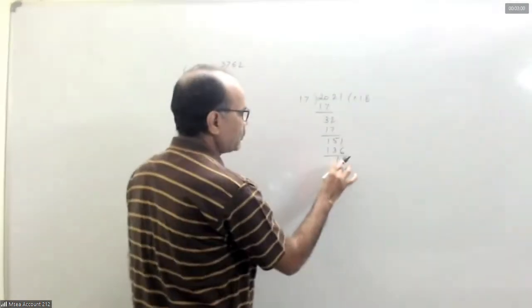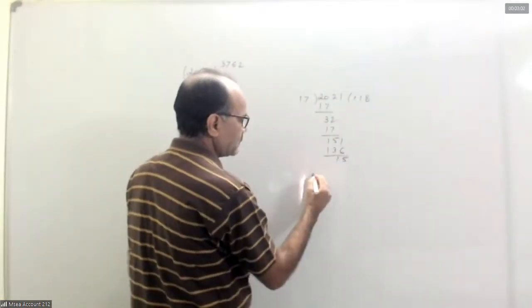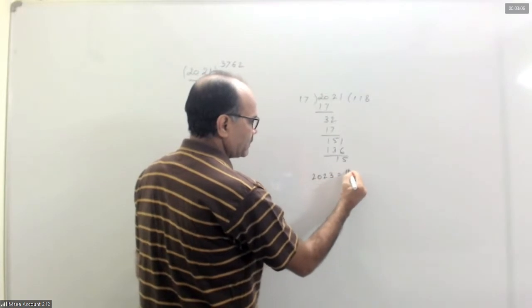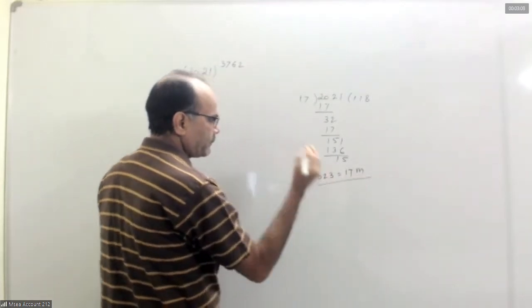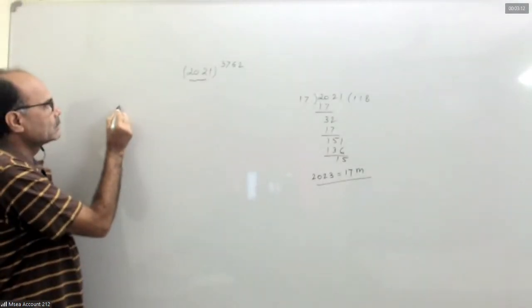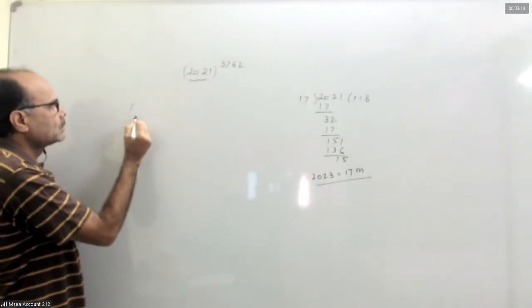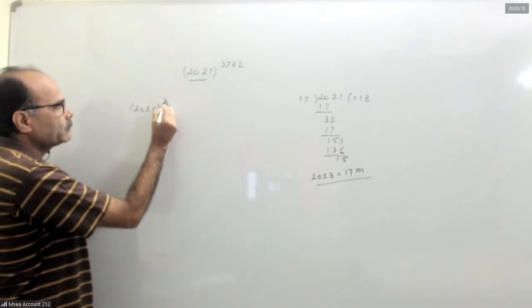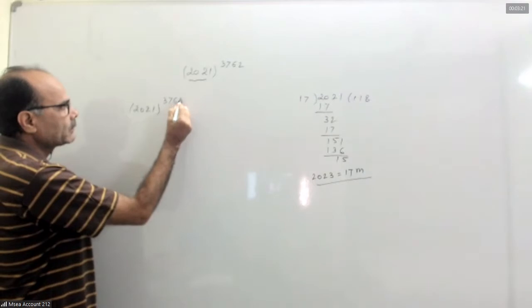Means if you add 2 it is divisible by 17, 2023 is equal to some multiple of 17. The method is same, whatever we have discussed yesterday.